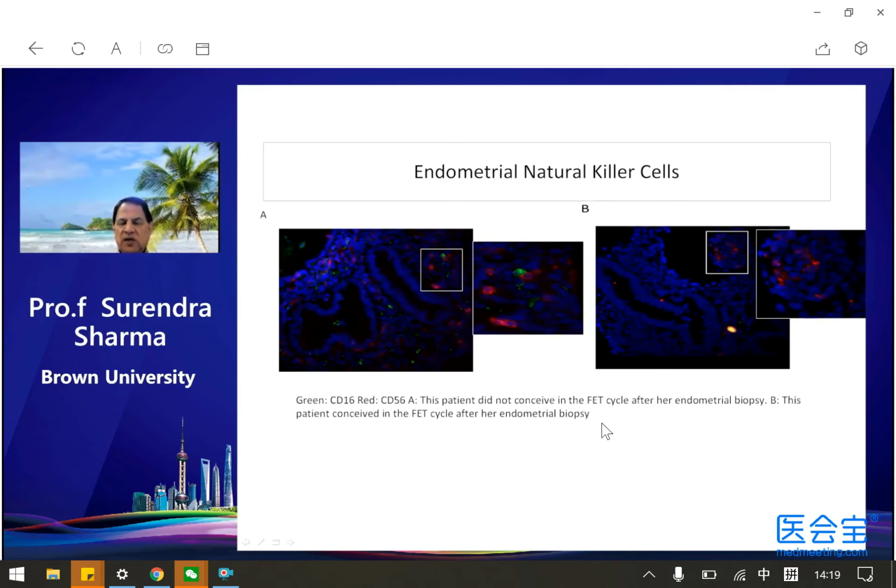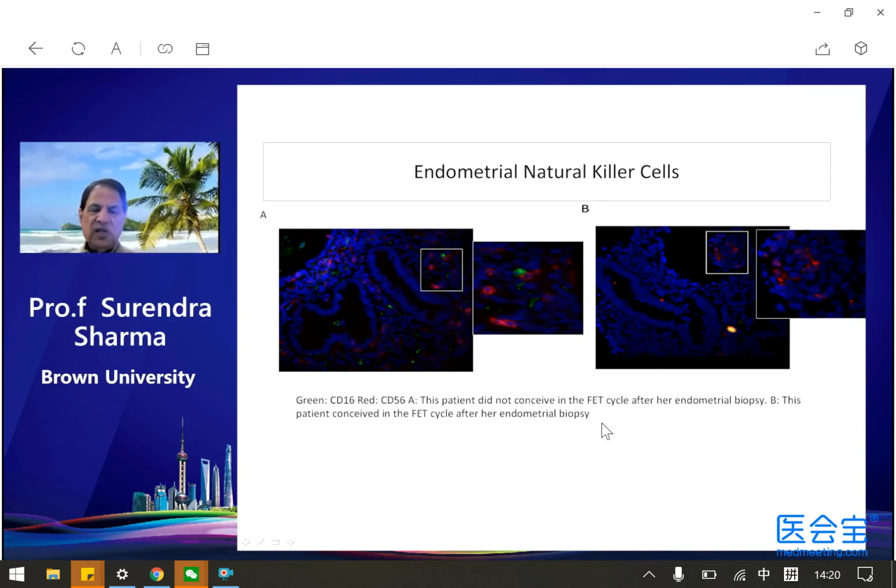We did immunohistochemical analysis. This is for endometrial NK cells. On the left-hand side, sample A is from a woman who did not get pregnant. The green represents CD16 positive cells and red represents CD56 positive NK cells.